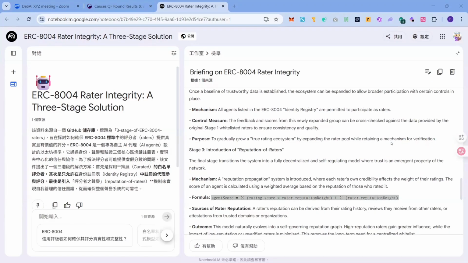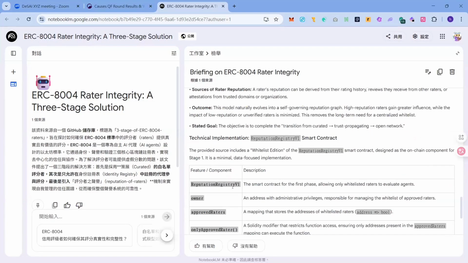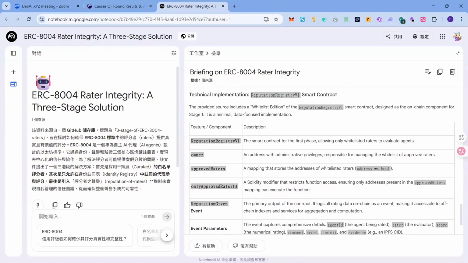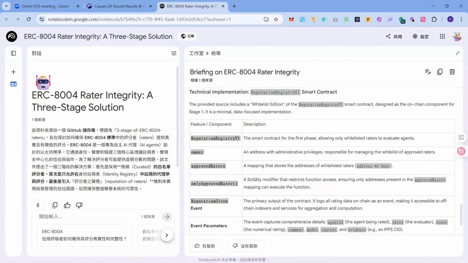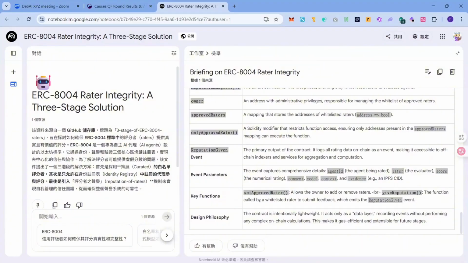It's largely in theory, but of course I asked the AI to help generate some formulas, as well as some implementation according to what I'm thinking about. For example, what is the component behind the theory? Take an example of setting the reputation given, and the key function of a set approved rater, and giving the reputation.